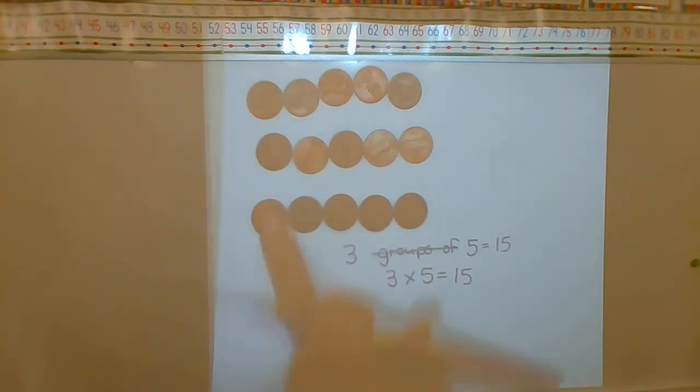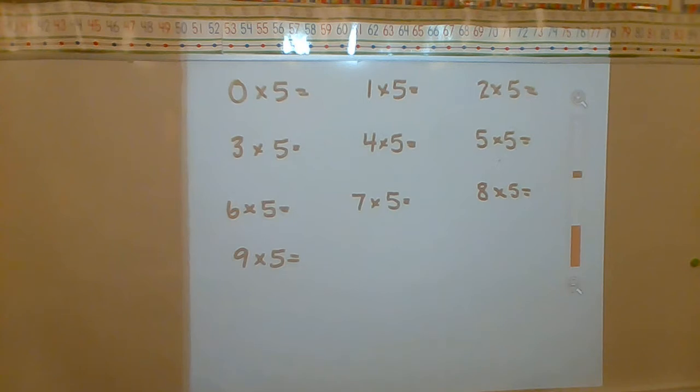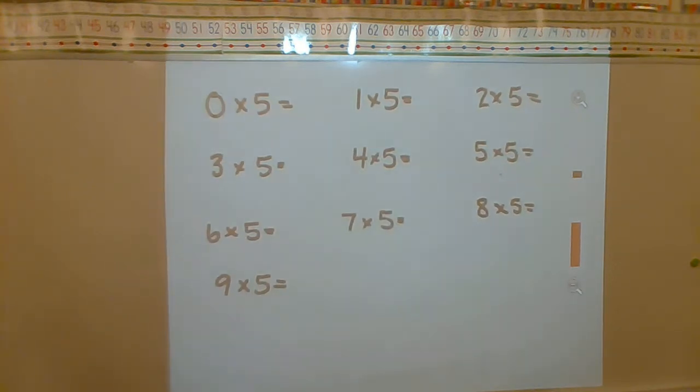They are equal groups, so I can count by fives. So let's go ahead and take a look at these multiplying by fives, okay? Which is really, can I just say, counting by fives.